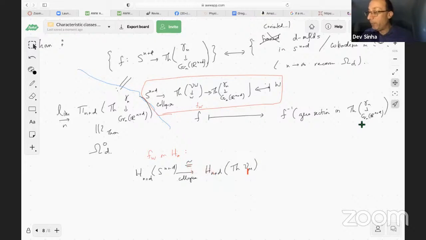The reason being that this is isomorphic to the top homology of M under the Thom isomorphism theorem. Okay? So that's the first thing we do: we collapse onto the Thom space of the normal bundle. The next thing we do is just map the Thom space of the normal bundle to the Thom space of gamma n.